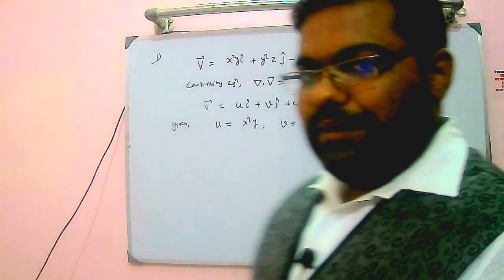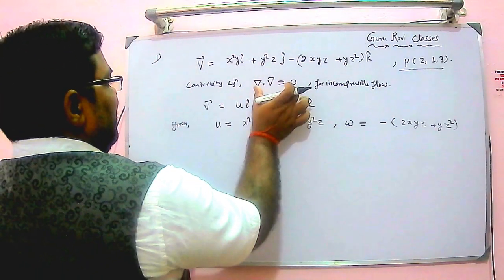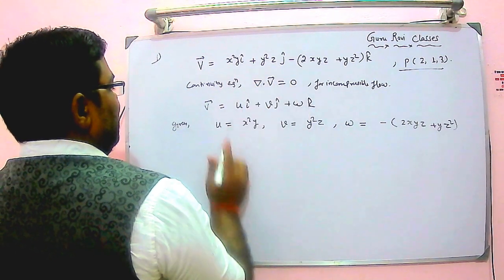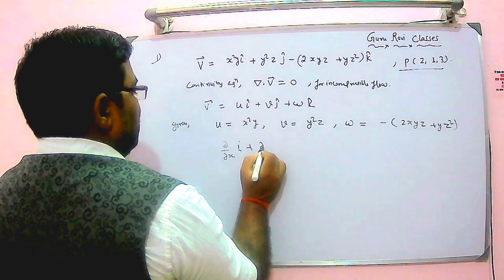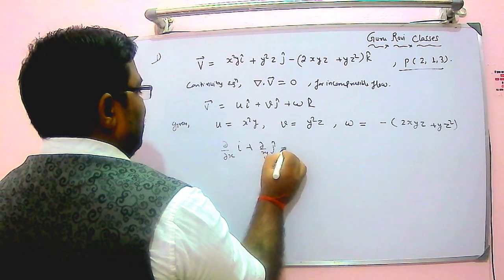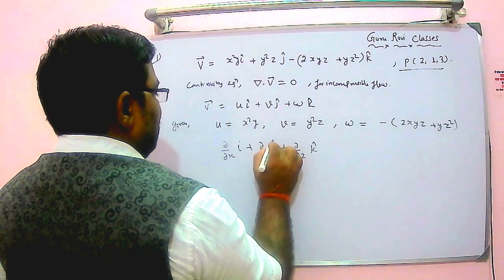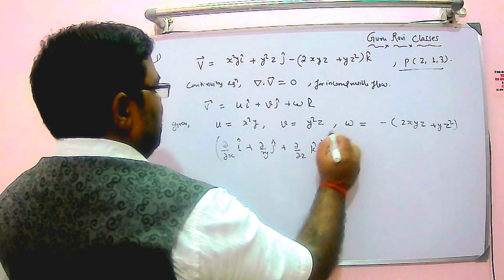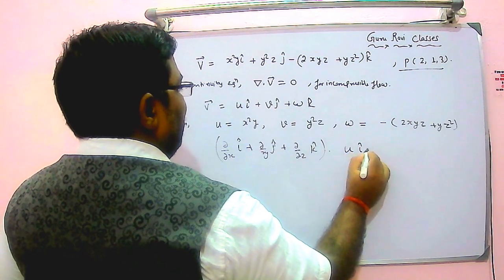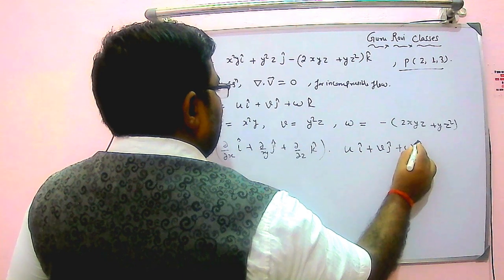Now we'll take the divergence of it. If you expand this, the del operator can be written as ∂/∂x i plus ∂/∂y j plus ∂/∂z k, dot product with ui, vj and wk.